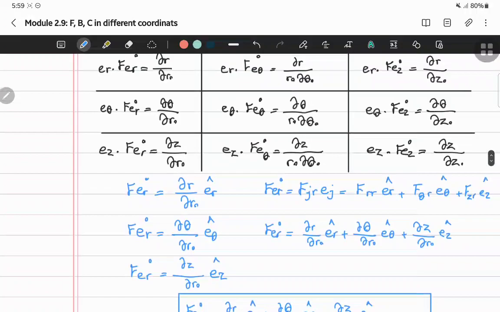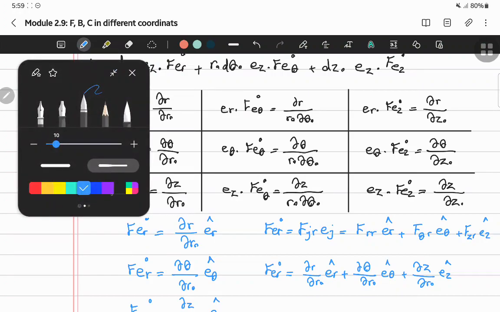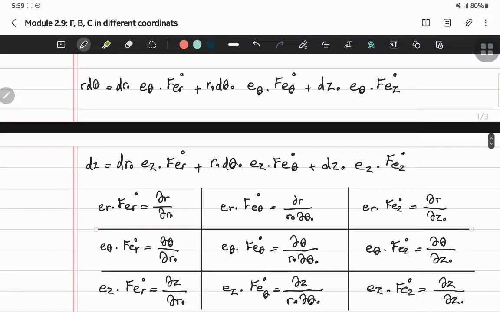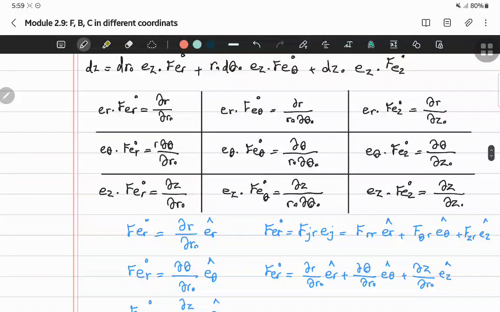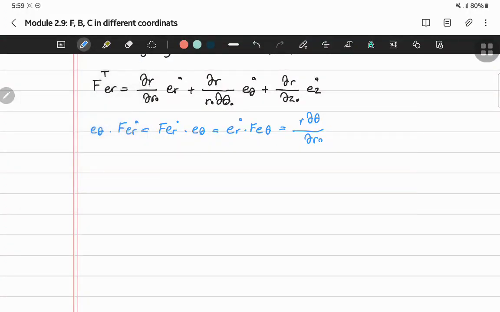Let me check. I guess that I missed something in here, because here we have R d theta. So I have to add R all over here. Yes, all right, that would make sense. And then I have E theta dot F E theta 0, which is E theta dot E theta.